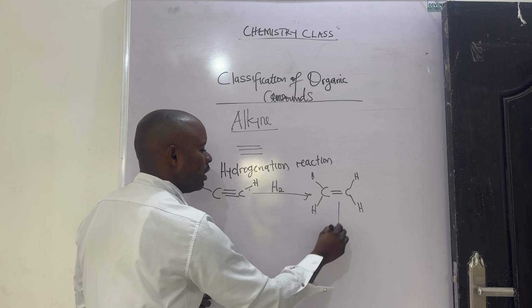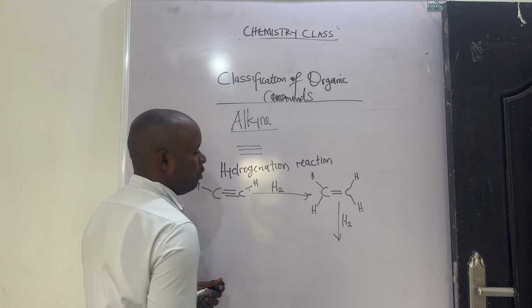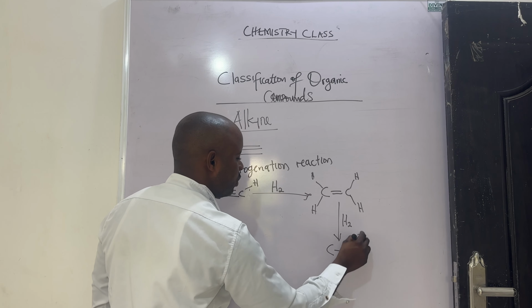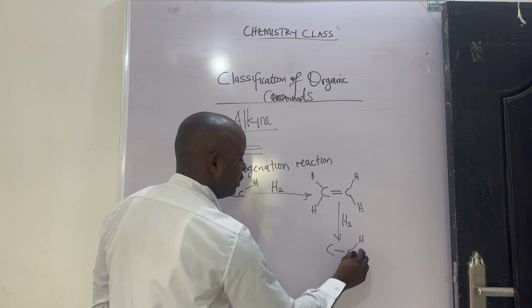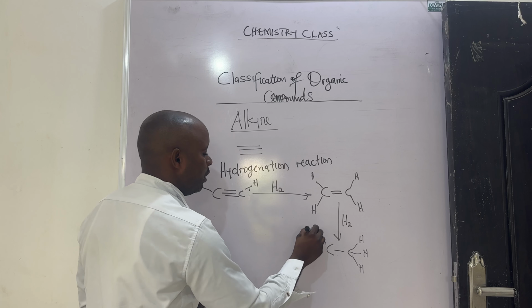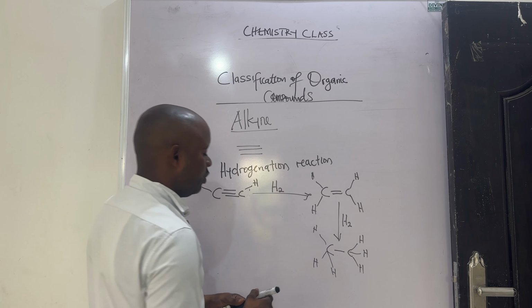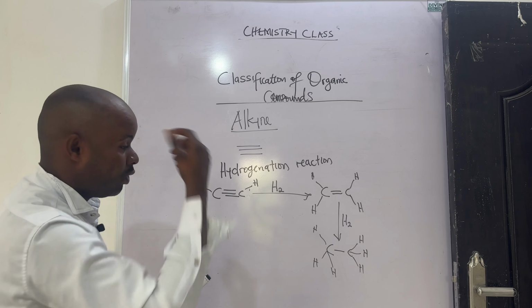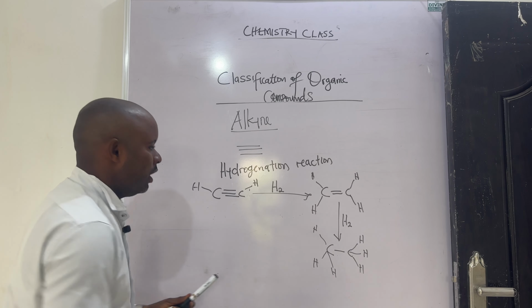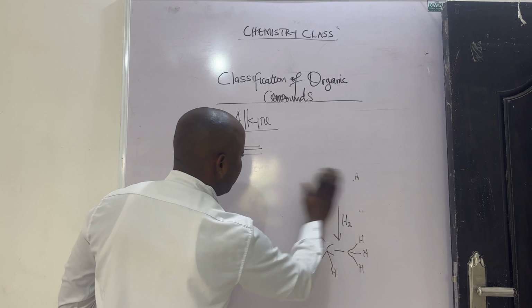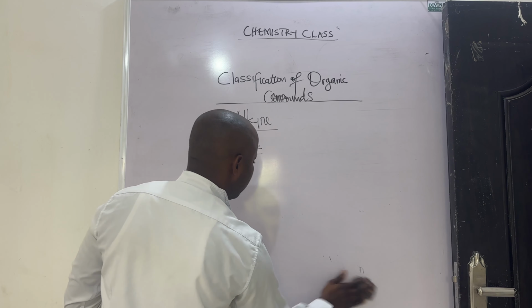When it is hydrogenated again with a molecule of hydrogen, you're going to have ethane. So it's a two-step reaction. Another very important reaction today is that they also react with potassium manganate. This is all addition reaction.